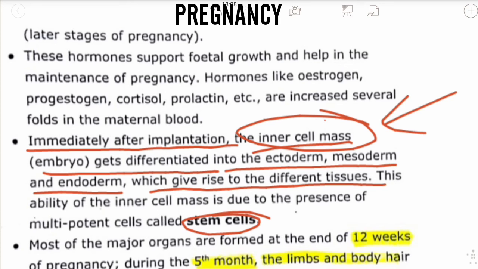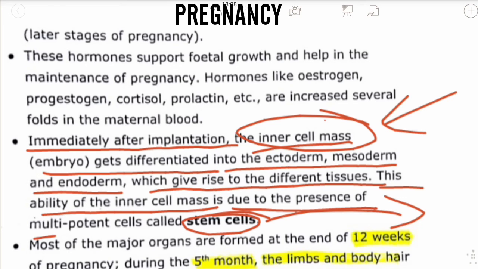There are some stem cells in the inner cell mass which are very important. These stem cells can be converted into any other cells. They have the power to convert into other cells, so they are called multipotent cells.